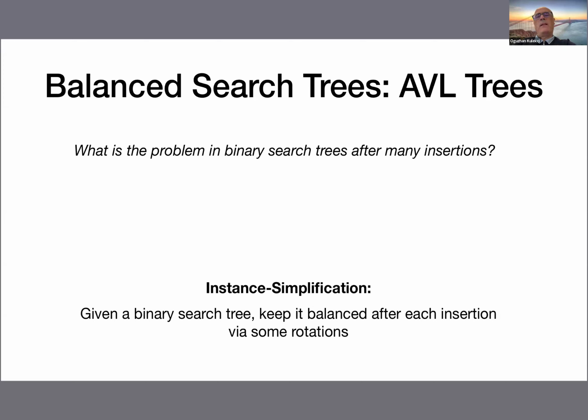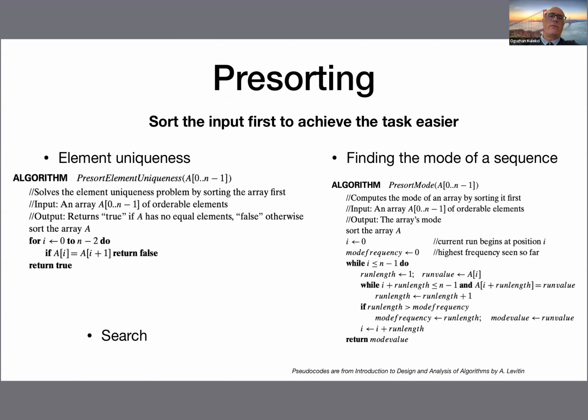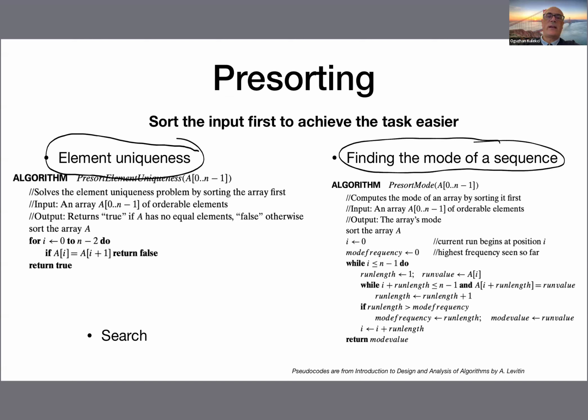So, balanced search trees. By the way, with presorting, whatever the problem I'm working on, I would like to make this clear. For instance, here I'm working on element uniqueness, here I'm working on the mode of a sequence, and I have an input. What you do with presorting is you are just simplifying your input. It is still an array, but you make this array a sorted array. Why?